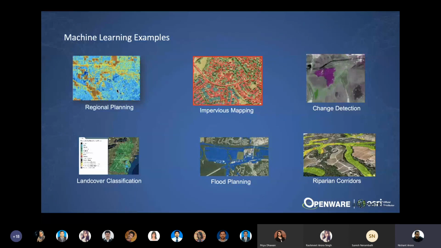There are various examples of machine learning that are listed here: change detection, regional planning, land cover classification, flood planning.